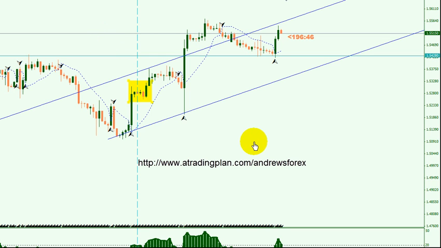Understand that with a system such as the Andrews Forex, it's very easy to look at all the currency pairs that are available to you, simply because the strategy is so easy to apply to any chart. The problem with that is you're going to start getting into too many trades, and your position sizing, number one, is going to be absolutely horrible on the good trades, and you're just putting yourself at too much risk.